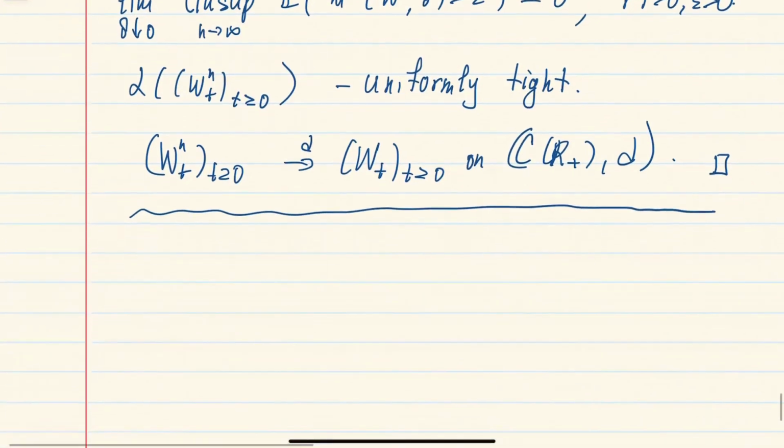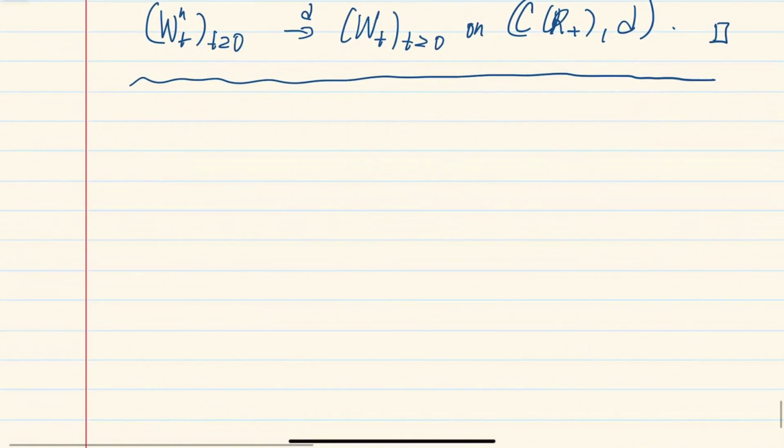Okay, and let's finish just with a quick summary of this last proof, because there were several technical points that went into this proof. And so just as a summary, first of all, let's recall that the first main step was characterization of uniform tightness using this modulus of continuity by way of the Arzelà-Ascoli theorem.